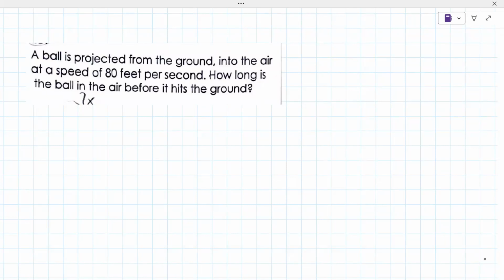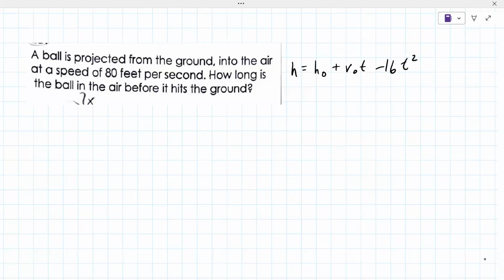You have to remember the formula here, which is that the height is the initial position, depending on your notation, h0 plus v0t, plus, in your problems, it seems to always be a minus 16t squared.